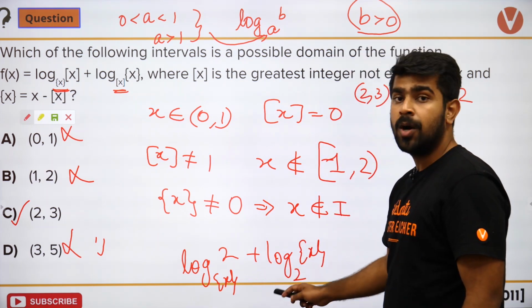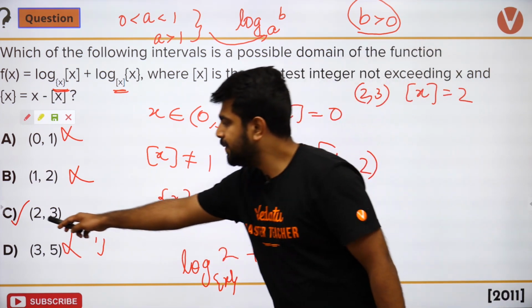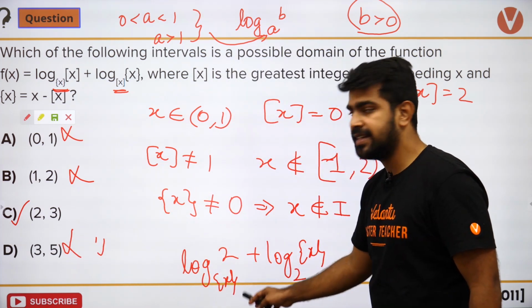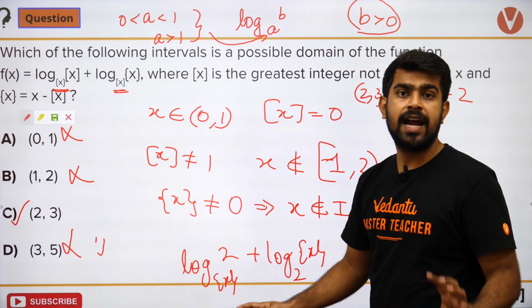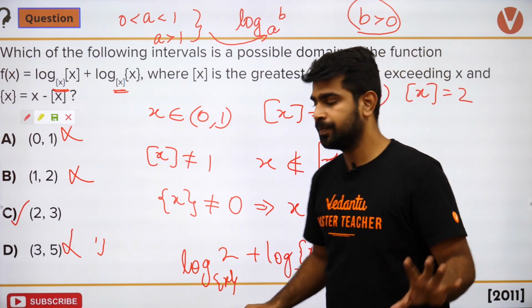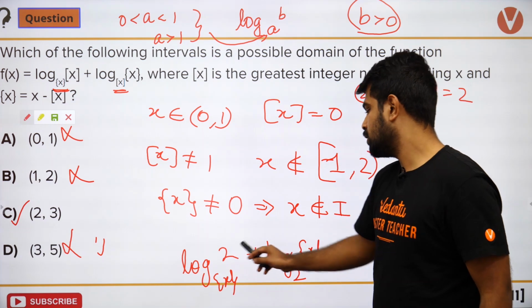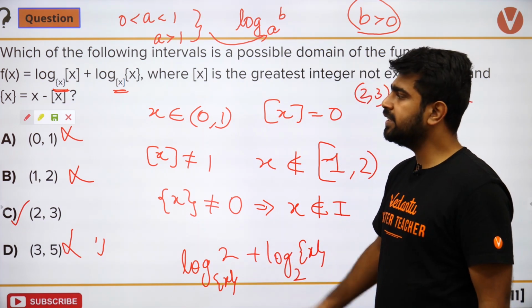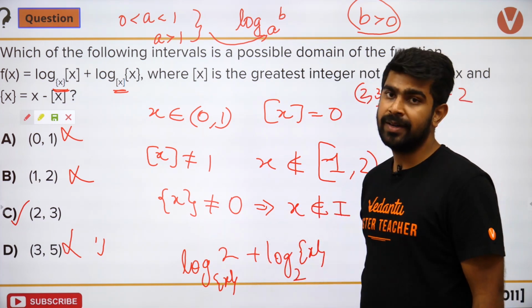This is properly valid because between 2 to 3, the fractional part of x is defined and it is not going to be 0, it is not going to be 1. So no problem, this is defined, this is also defined. So 2 to 3 is not creating any issues. That will be my answer for this question.